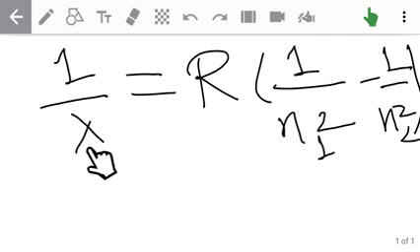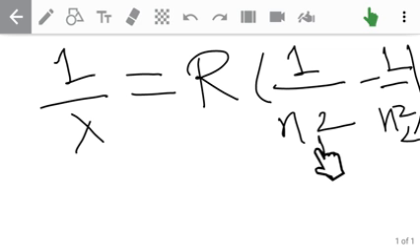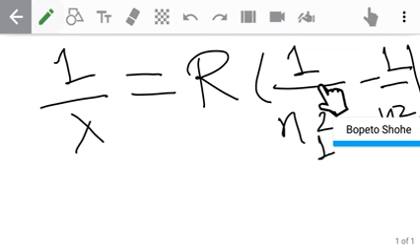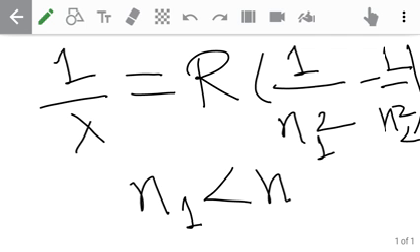So this is for the wavelength of the light which was emitted. This R is a constant called Rydberg's constant. This n1 is the lower energy shell, the number of the lower energy shell. That means always remember n1 will be less than n2.